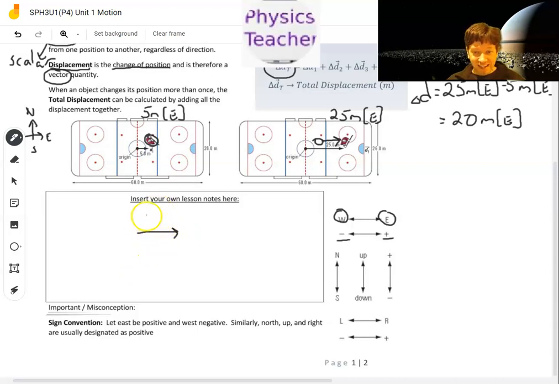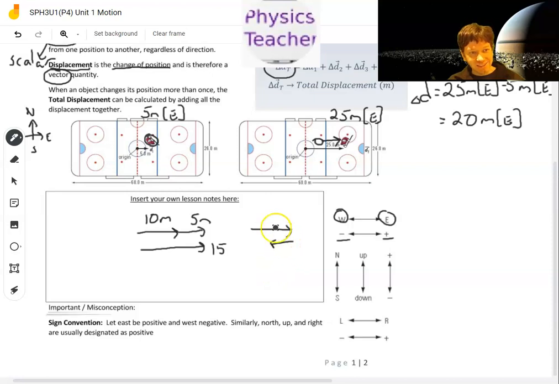So if I had, say, 10 meters and I wanted to add 5 meters, well, that just equals this vector here, which would be 15 meters. But what if I didn't keep walking in the same direction? What if I had 10 meters and then I turned around and walked 5 meters?